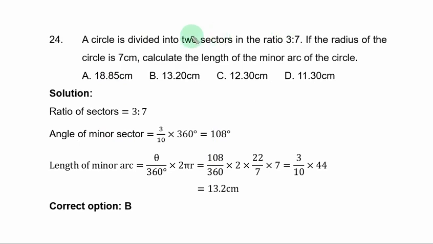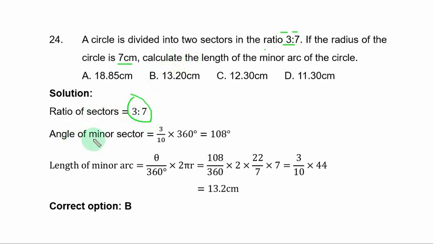Question 24. A circle is divided into two sectors in the ratio 3:7. If the radius of the circle is 7 cm, calculate the length of the minor arc of the circle. From the given ratio, 3 is for the minor part and 7 for the major part. And you know, when you are sharing, you always get the sum of ratios.